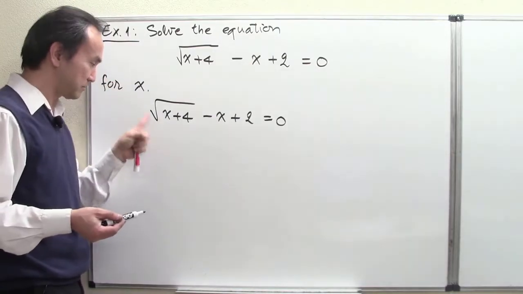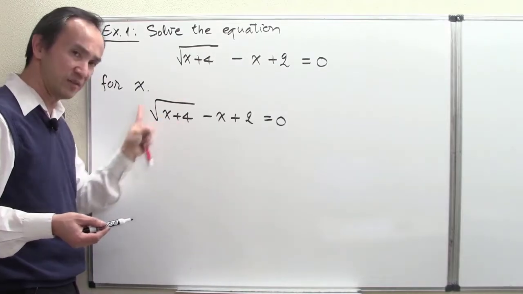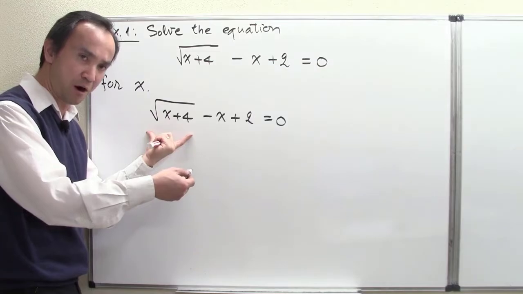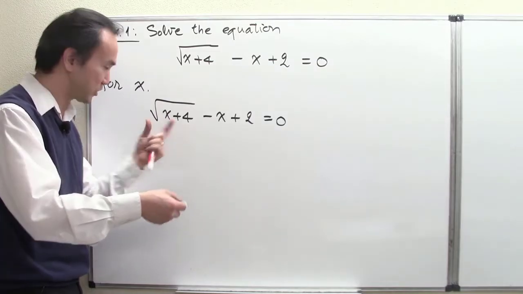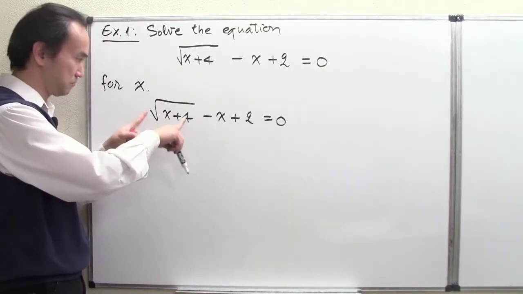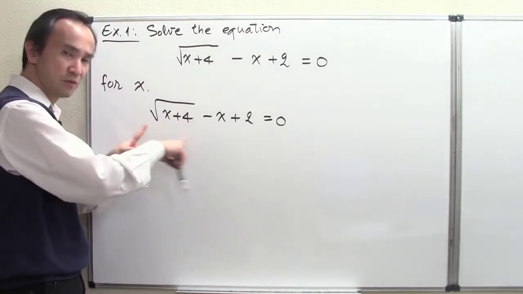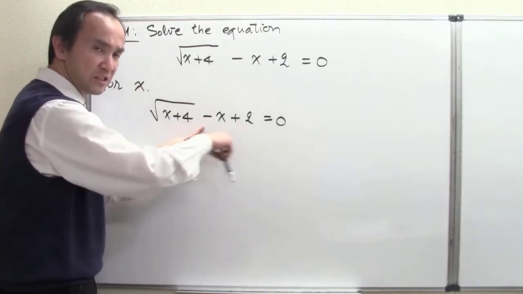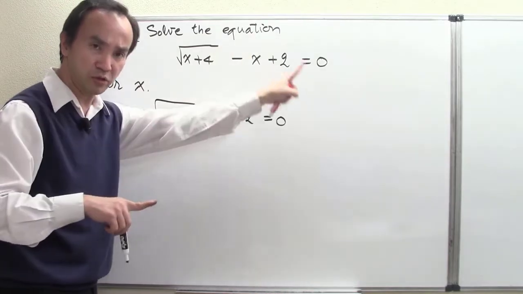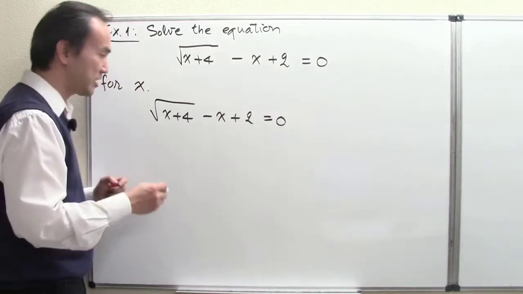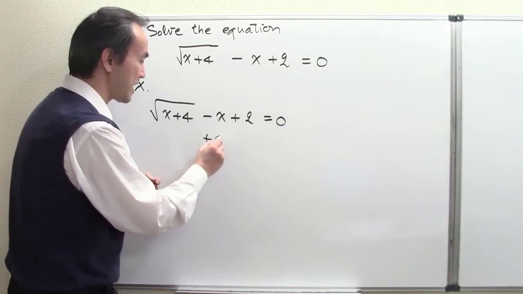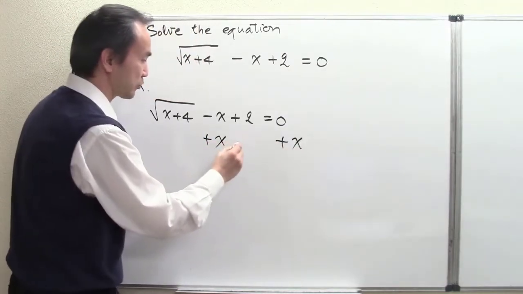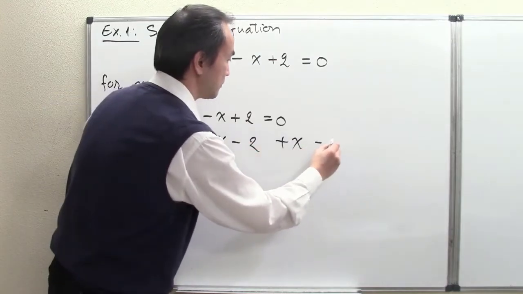I noticed that our square root term is already on the left-hand side as a positive term, so I'm going to decide to leave that here. I put the square root term on the left-hand side. That means those terms other than the square root term, let's bring them to the opposite side. In this case, I'm going to need to add x to both sides and subtract 2 from both sides.